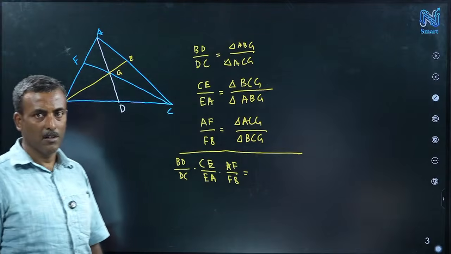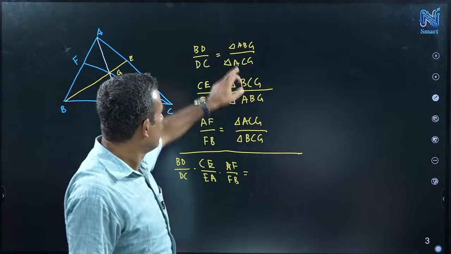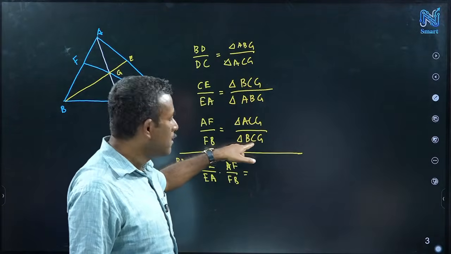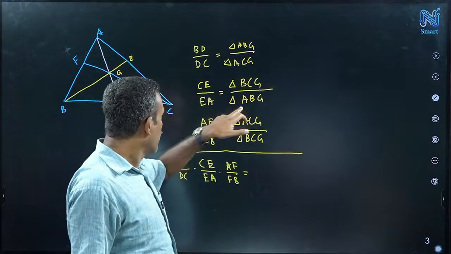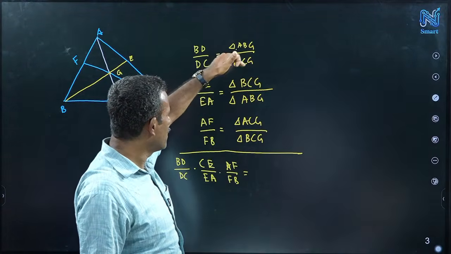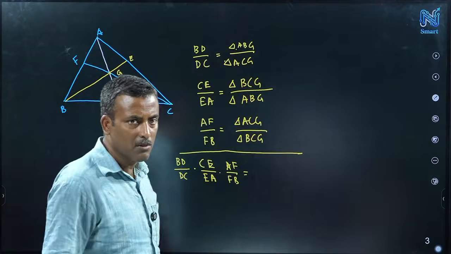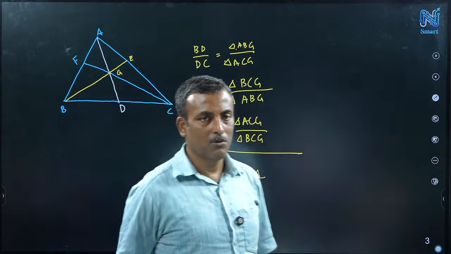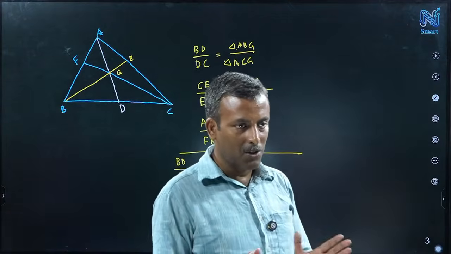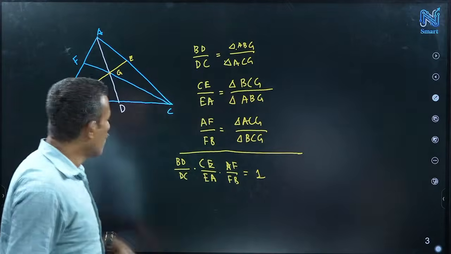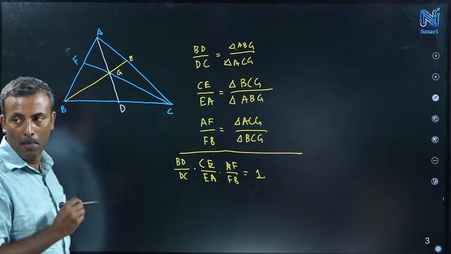Just check it. BCG is in the numerator, BCG is in the denominator, so it cancels out. ABG in the denominator, ABG in the numerator, cancels out. ACG cancels out. So everything cancels out. The product of all three ratios is just 1. And this is a renowned theorem, called Ceva's theorem.